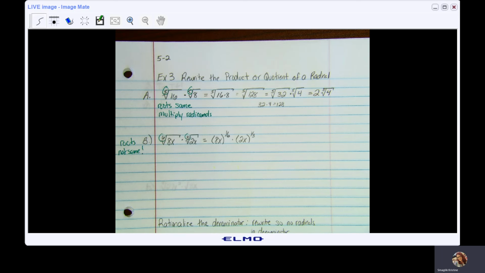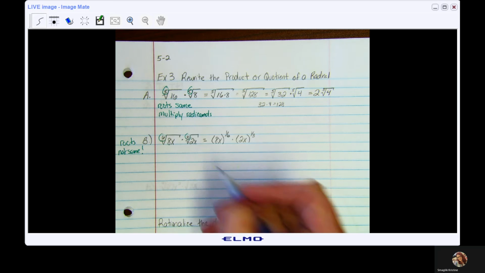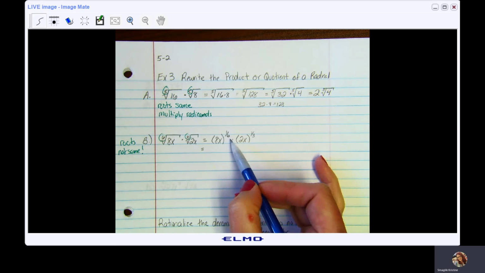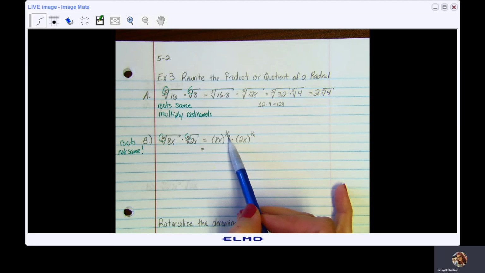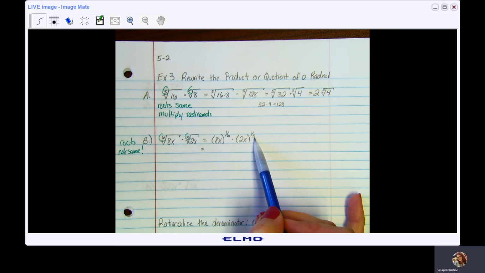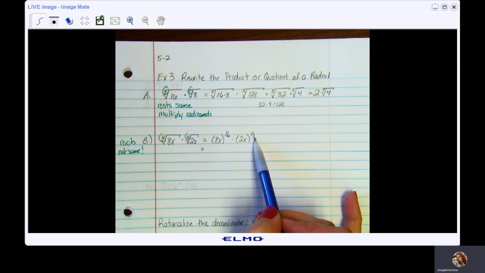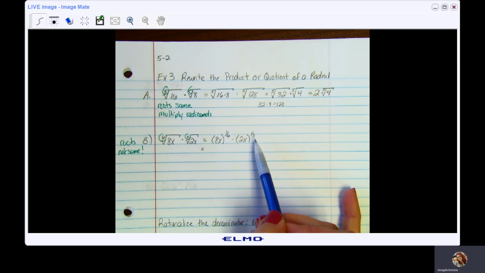So now we need to get a common index. And your index, remember, is the denominator of your rational exponent. So here, if I want a common denominator, I would need to multiply 1/3 by 2/2 to make this 2/6, which is equivalent to 1/3, but again, my indices are going to be the same.